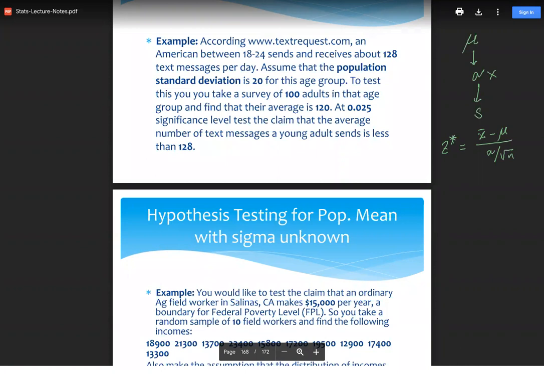But if you don't know sigma, you use the student t distribution, where t star is equal to x bar minus mu divided by s over square root of the sample size, instead of sigma. That's the only difference. Other than that, everything is the same process-wise. There is a slight difference in finding the critical values for t, but that's not a big deal. You already know how to do it, so you just have to follow that.